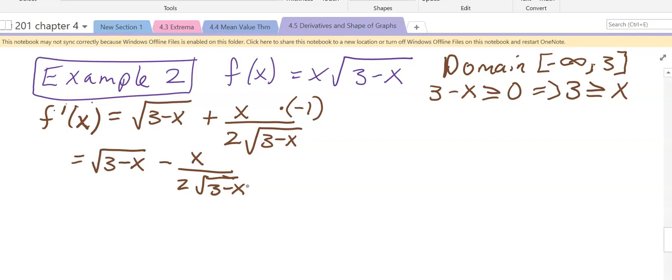Let's take a look at a better way to analyze where the critical points are. In a case like this, where I have two separate terms and radicals involved, it is often easier to rewrite the two terms as one fraction by getting a common denominator. To do that, I need to multiply the one on the left by 2 times the square root divided by itself.